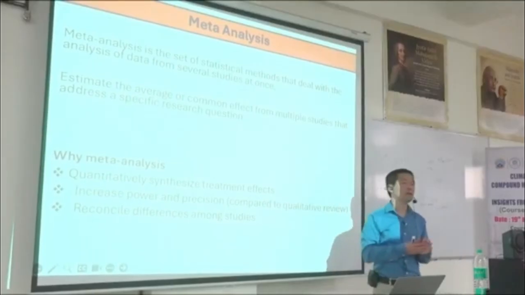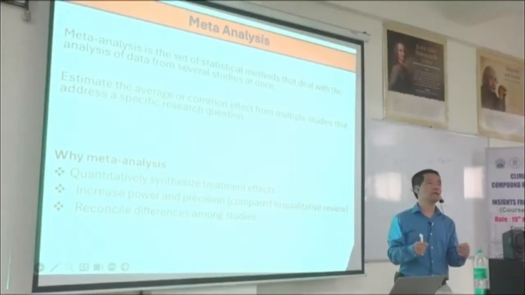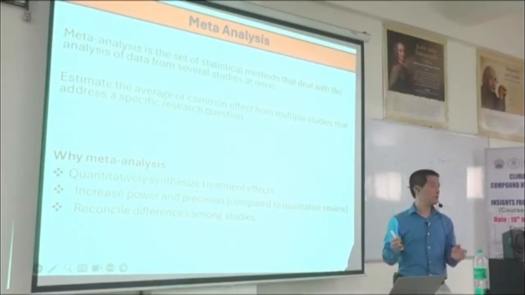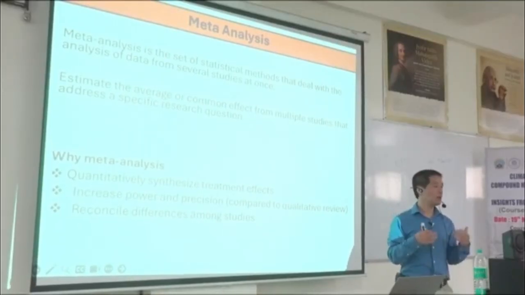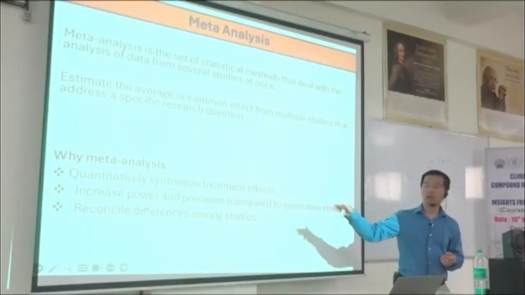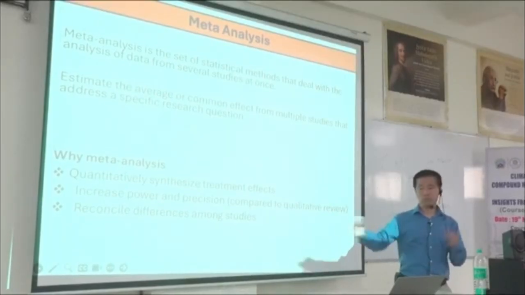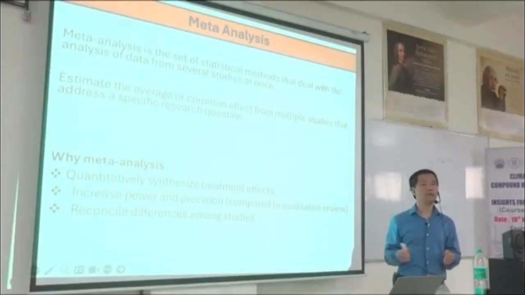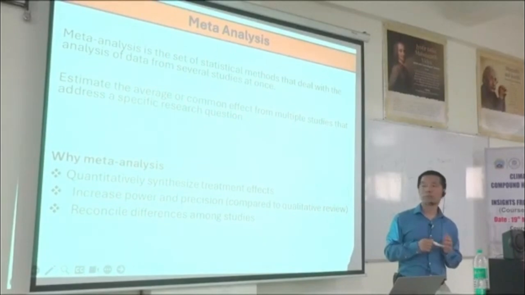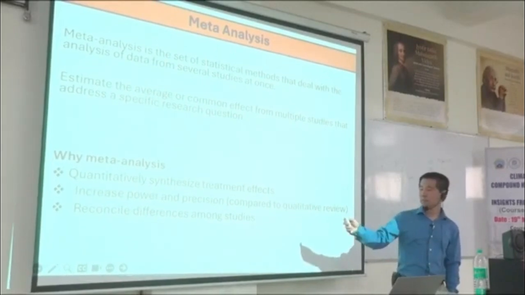Also, a lot of the time individual studies have different results. By doing meta-analysis, hopefully you can find a common trend and try to reconcile why two studies are different. You can give a reason why. So that's why meta-analysis is quite powerful and useful.